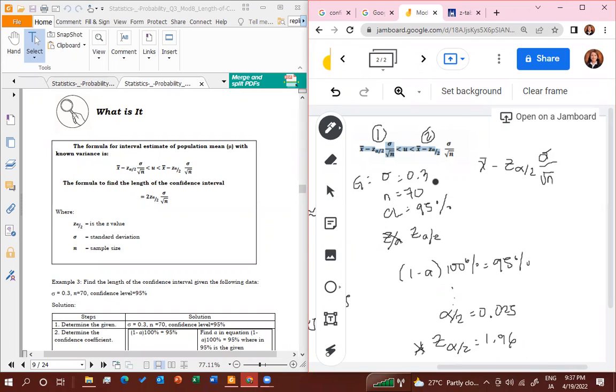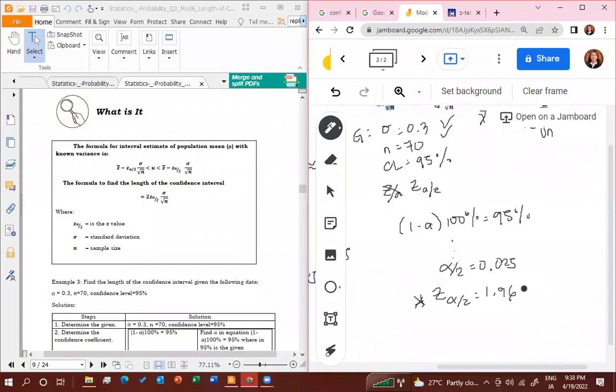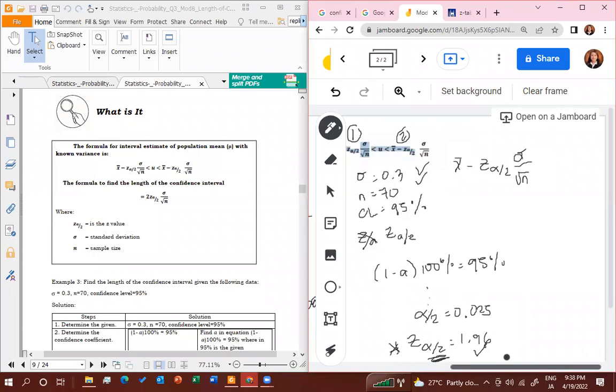Diba, given man eh. So we have this one. We also have this one. And right now, after solving for the z at alpha, nakakuha na sila ang value. So all we need to do is to substitute it to the first nga formula in order to look for the lower confidence limit. So the LCL would be equal to substituting this, unsa man siya.